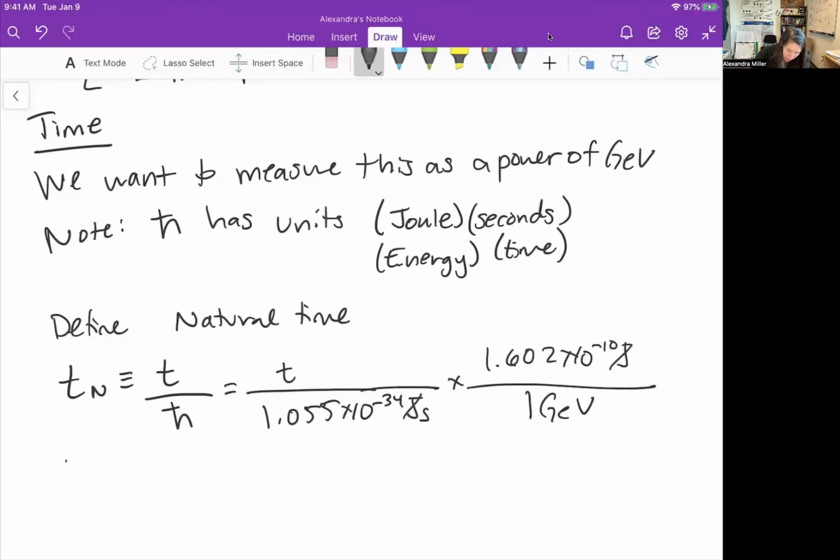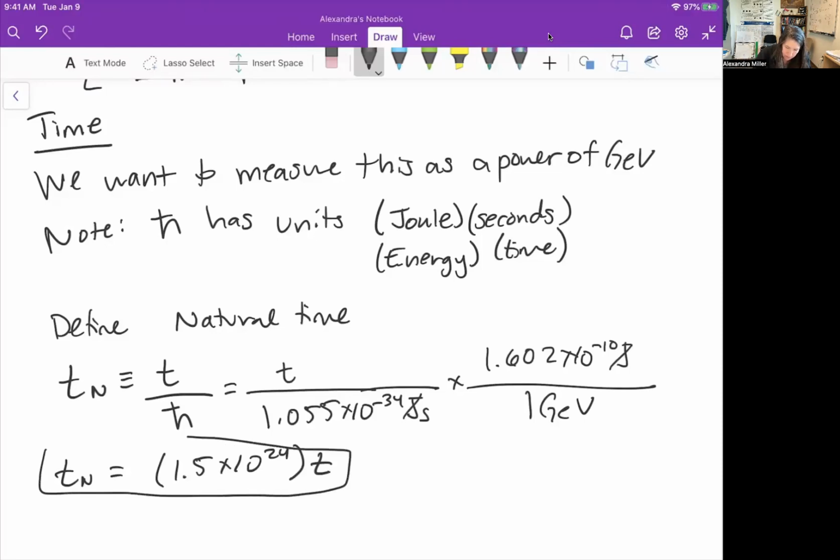And so if you plug this into your calculator, we're left with our natural time being 1.5 times 10 to the 24 times the time measured in seconds. So here we would plug in t in seconds, and then we'd get out our sort of natural time, which is in inverse GeV.